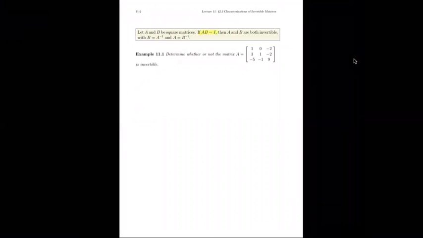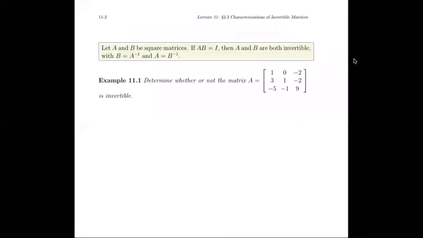Now, of course, we would have guessed that, but how could we prove that to be very thorough about it? Well, we note this. If we have A times B equals I, that's equivalent to the same equation if we multiply by A inverse on both sides: A inverse times AB equals A inverse times the identity matrix. On the right-hand side, that's just A inverse because the identity matrix is not going to change A inverse.